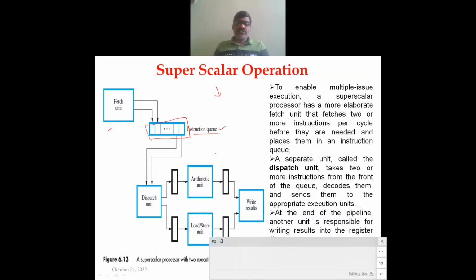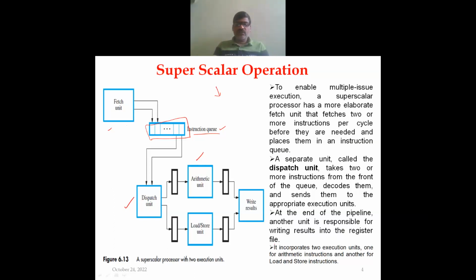There is another separate unit called a dispatch unit, which takes two or more instructions from the instruction queue, decodes them and sends them to the appropriate execution units. At the end of the pipeline, another unit is responsible for writing the results into the register file.